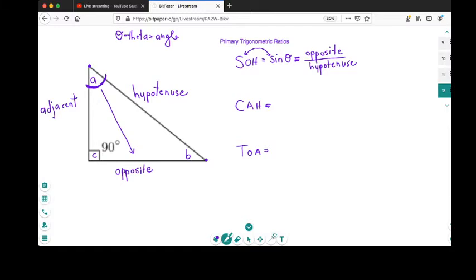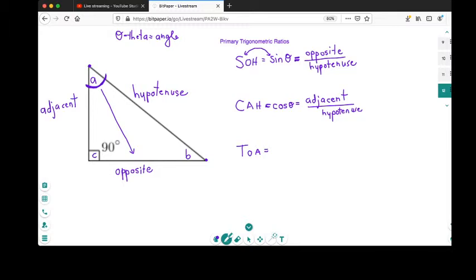So let's look at the next trigonometric ratio. We have cos of theta. And again, I don't expect you to understand what sine and cos mean just yet. I have to show you these first, and then we're going to talk about how we use them and what they mean. So again, cos of theta, and the theta in this case that we're solving for is A. The ratio is equal to adjacent over hypotenuse, meaning we're going to use the adjacent side length and the hypotenuse length to tell us very important information about that angle.